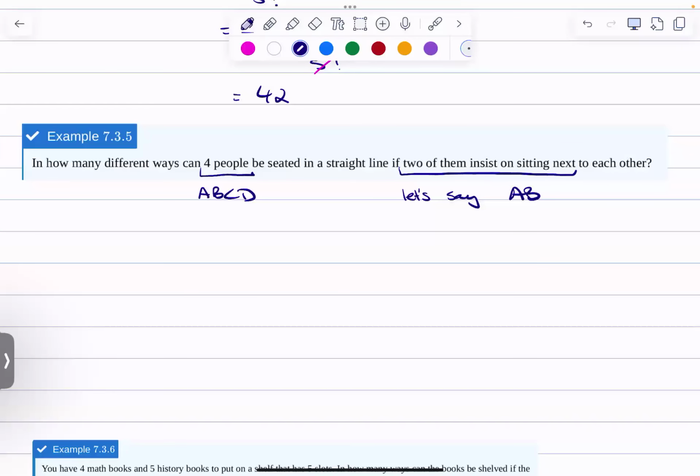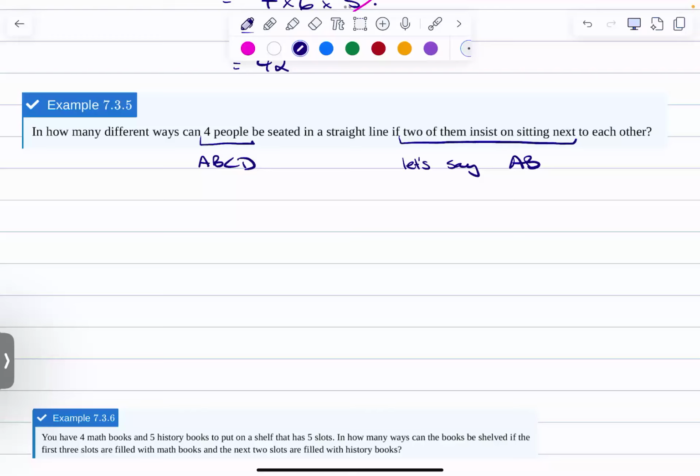Okay? So let's say A, B, and treat them as one person. Okay? Which means that now, effectively, we have 3 things to choose from, right?